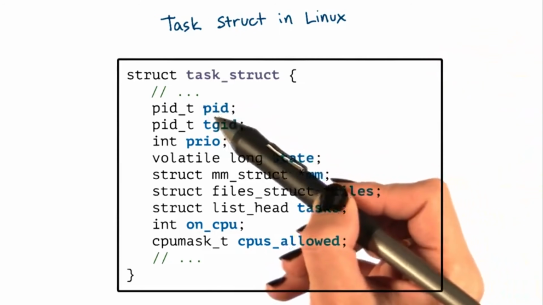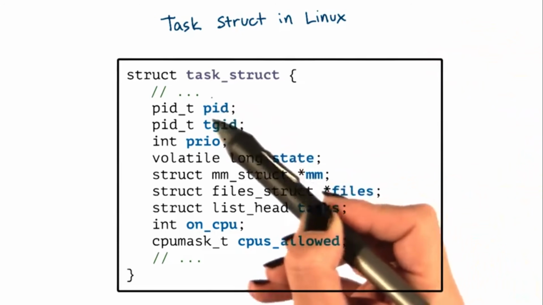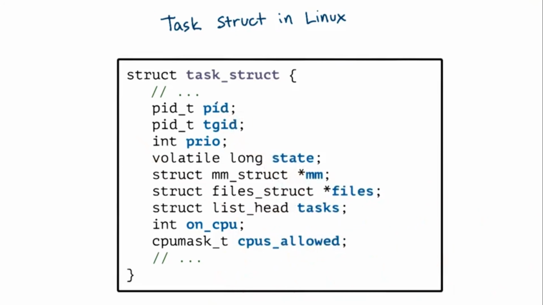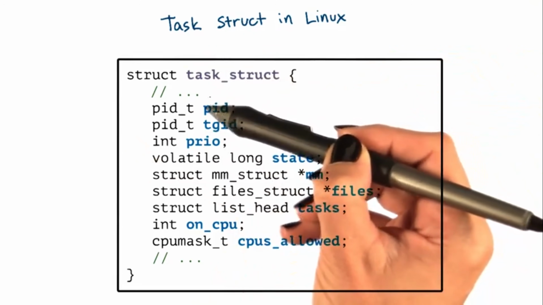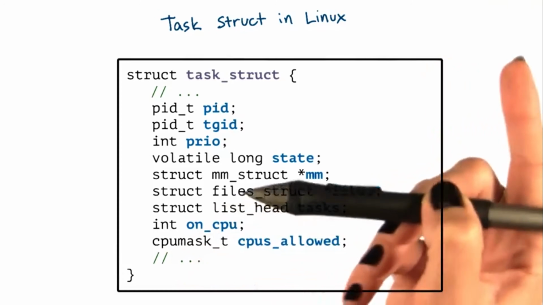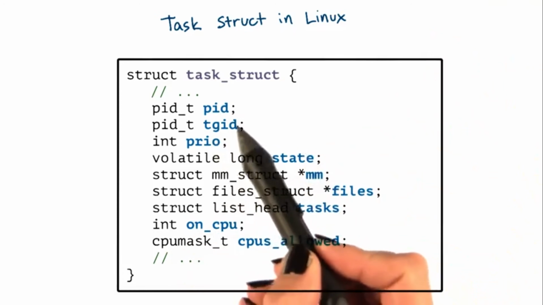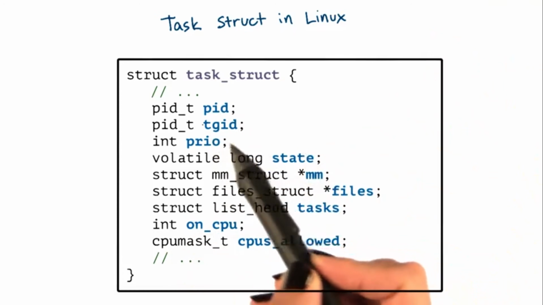Each will be identified by its own identifier for the task, and that will be held in the process ID. Now, the process as a whole, basically the entire group of tasks, will be identified by the process ID of the very first task that was created when the process was first created. This information is also stored in the task group ID field.